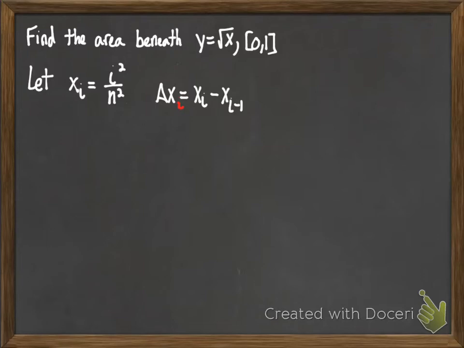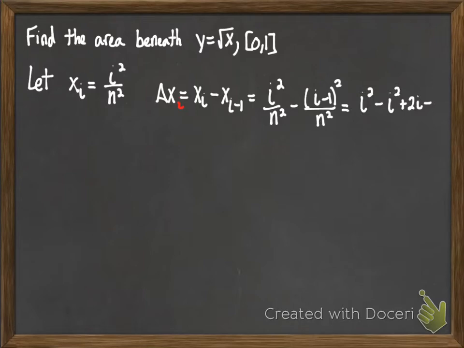So it's the difference between the right and left endpoints, and we can use xi to figure that out: i squared over n squared minus i minus 1 squared over n squared. Then we expand that out, multiply everything out, and simplify.